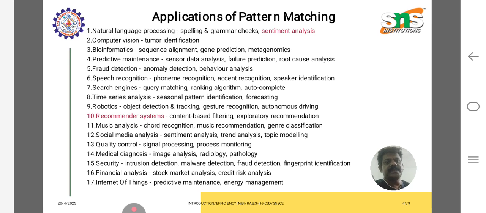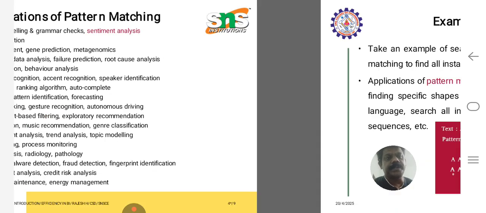Quality control, signal processing, process monitoring, and medical diagnosis, image analysis, radiology, pathology. In security, intrusion detection, malware detection, fraud detection, fingerprint identification. Financial analysis, where the stock market and credit risks can be analyzed, and also in IoT, Internet of Things, where predictive maintenance can be handled with energy management.